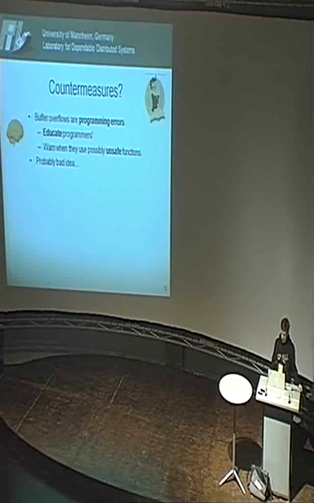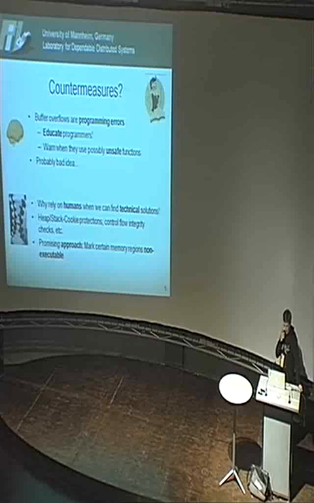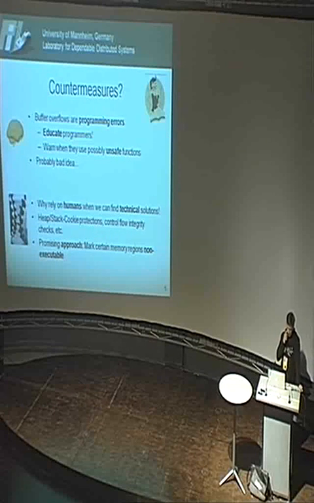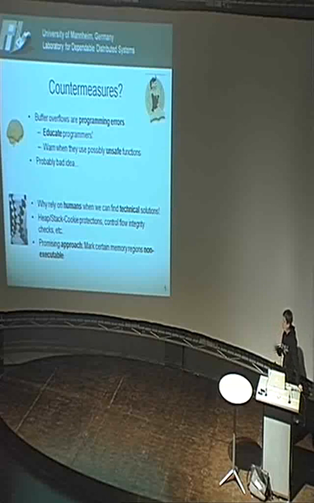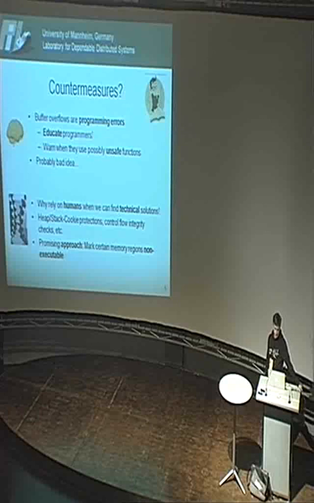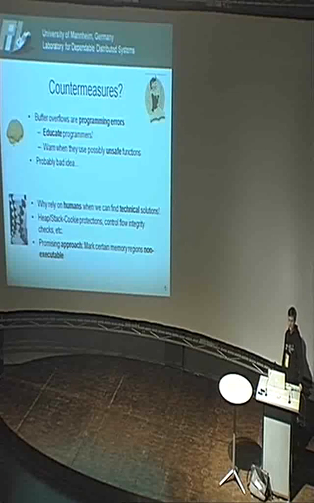So this is maybe a bad idea, and a more appealing approach might be to simply find technical solutions. So why should we rely on humans who are bound to make errors when we can simply find a technical solution that will fend off any buffer overflow attacks?